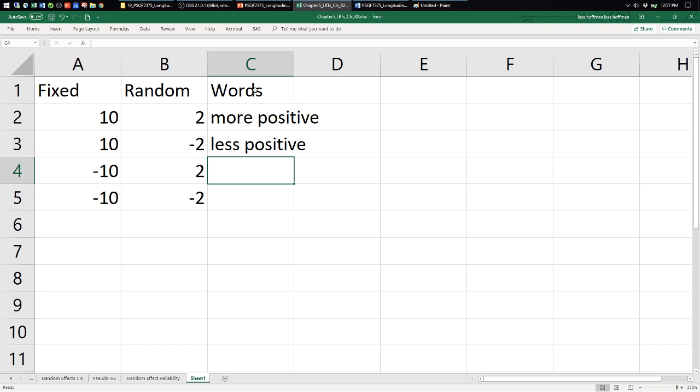How about this one? Is this person going up or down? Going down. Relative to everyone else, though, less down, right? Yes, less negative. And how about this person?